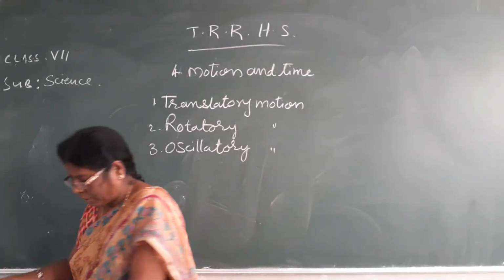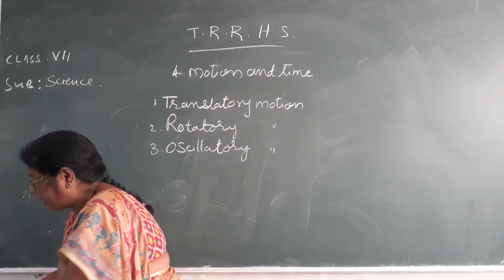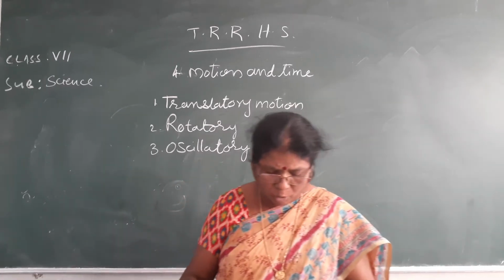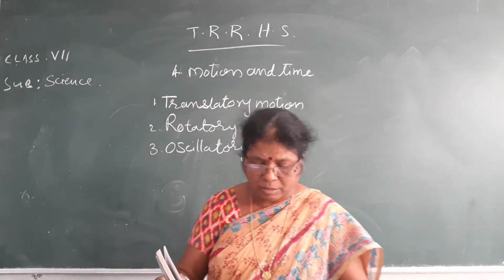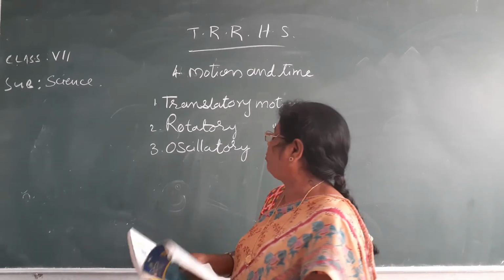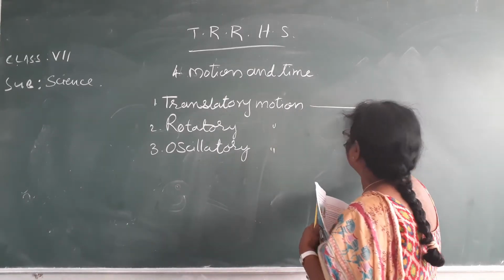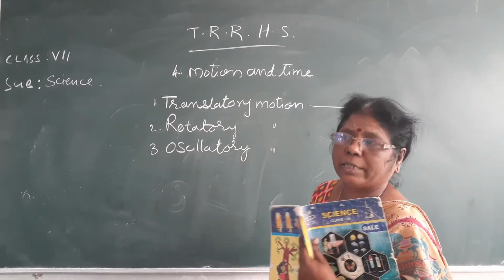Now we will see the types of motion. If all parts of a body move along a straight line, in the direction of the motion, it is said to be a translatory motion.